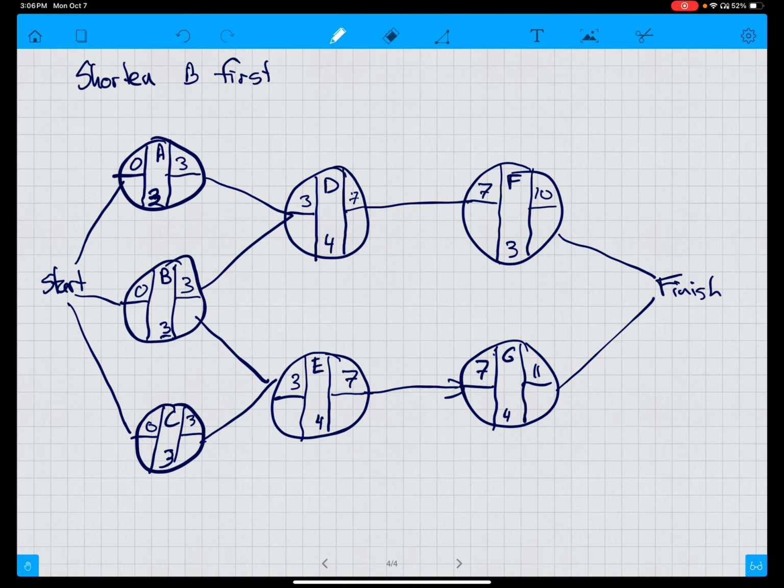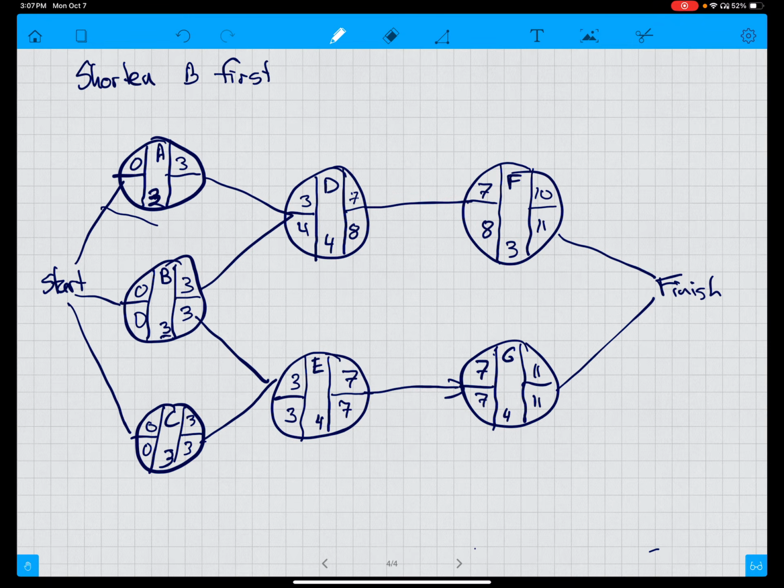So let's do the backwards pass to see which one is critical. 11 minus 3 is 8. 8 minus 4 is 4. 11 minus 4 is 7. 7 minus 4 is 3. Take the 3 here, 0. 3 here, 0.